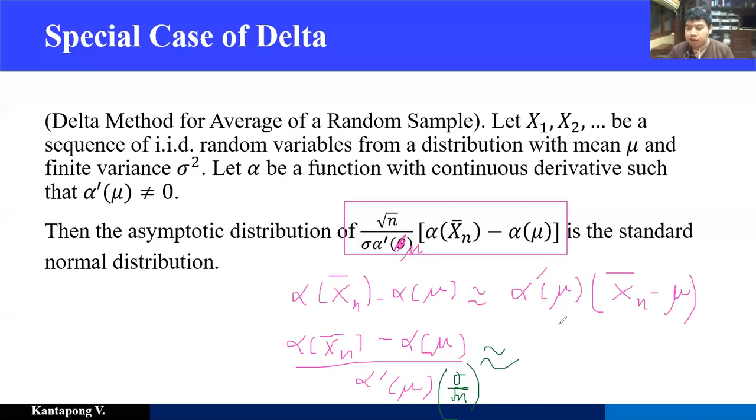This is approximately equal to Xn bar minus mu over sigma over square root n, and this is asymptotically normal, Normal 0, 1.